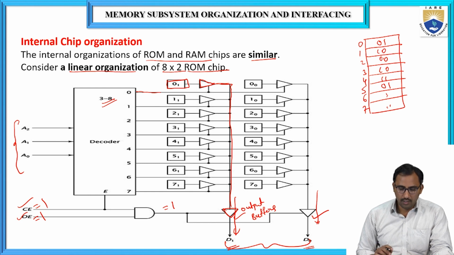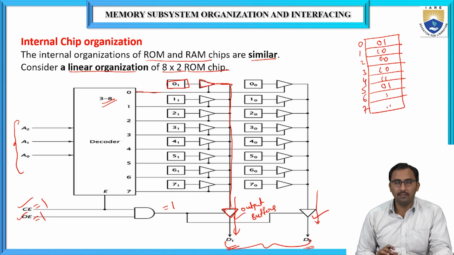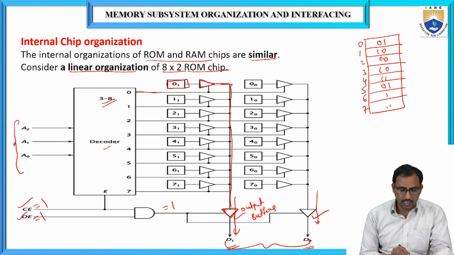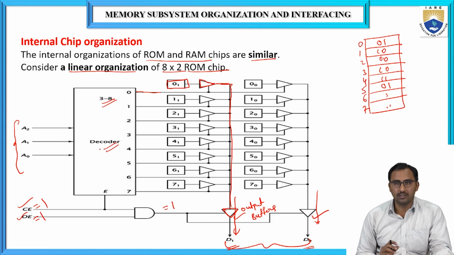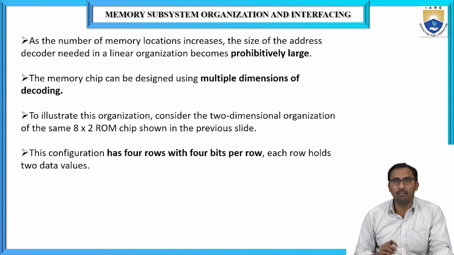This is suitable when the number of memory locations is small, but for a large number of memory locations it becomes very difficult because the decoder required will be large. So it is somewhat complicated.